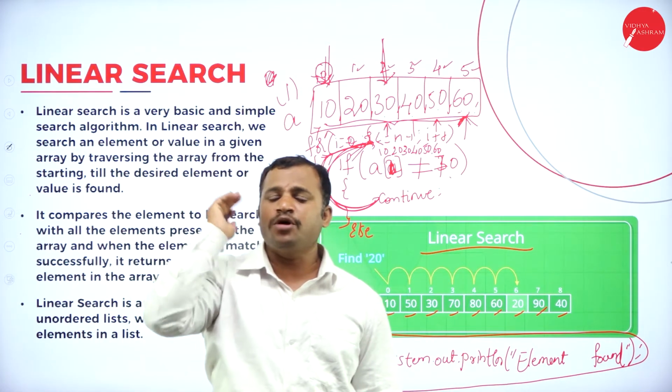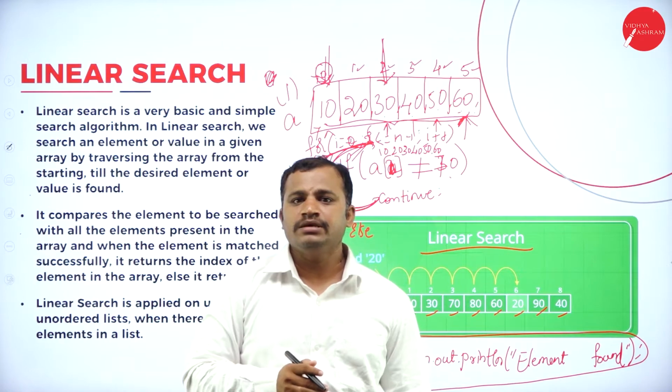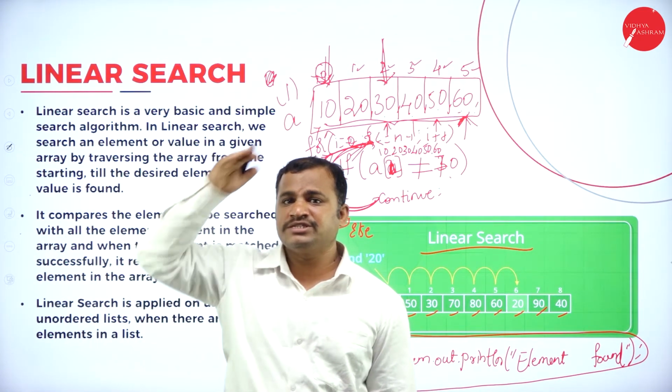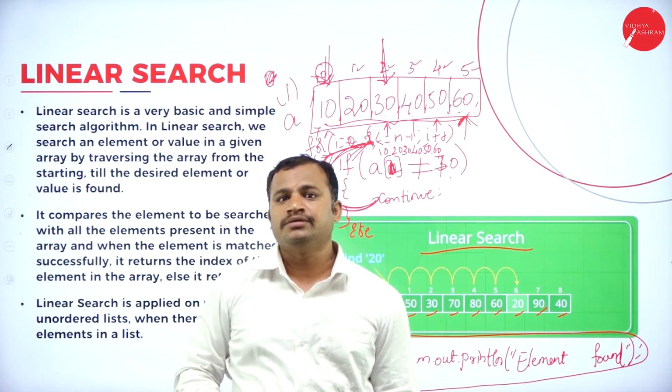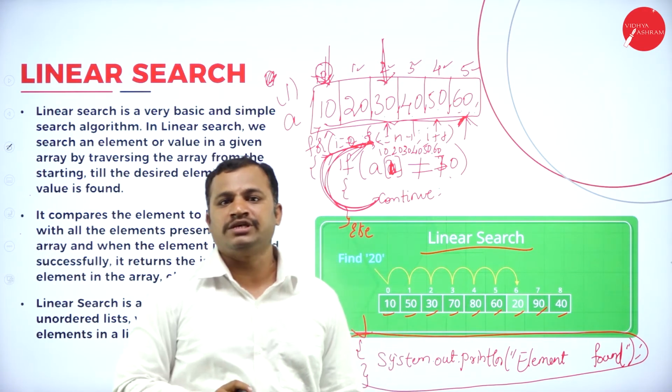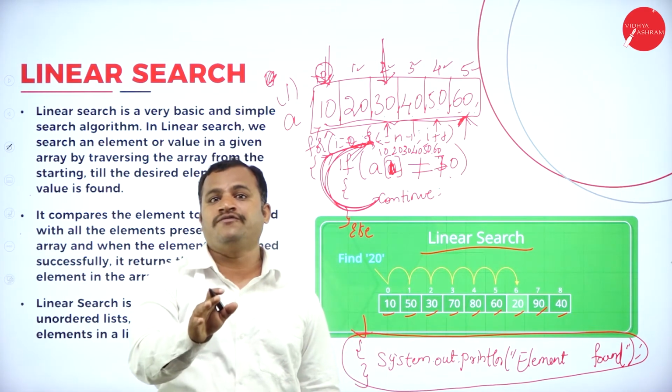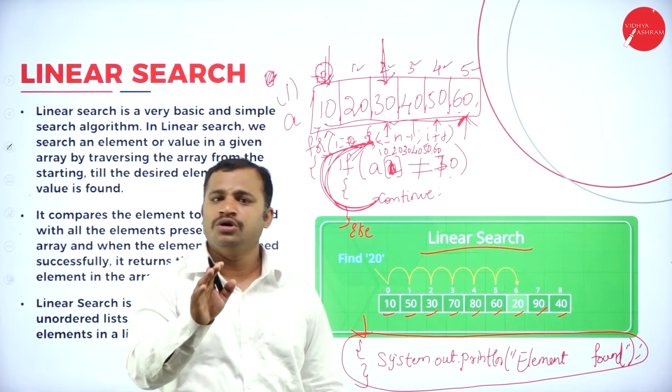In the worst case, the element is not present at all, or it is present in the last position. Then the time complexity of the linear search algorithm is not good.